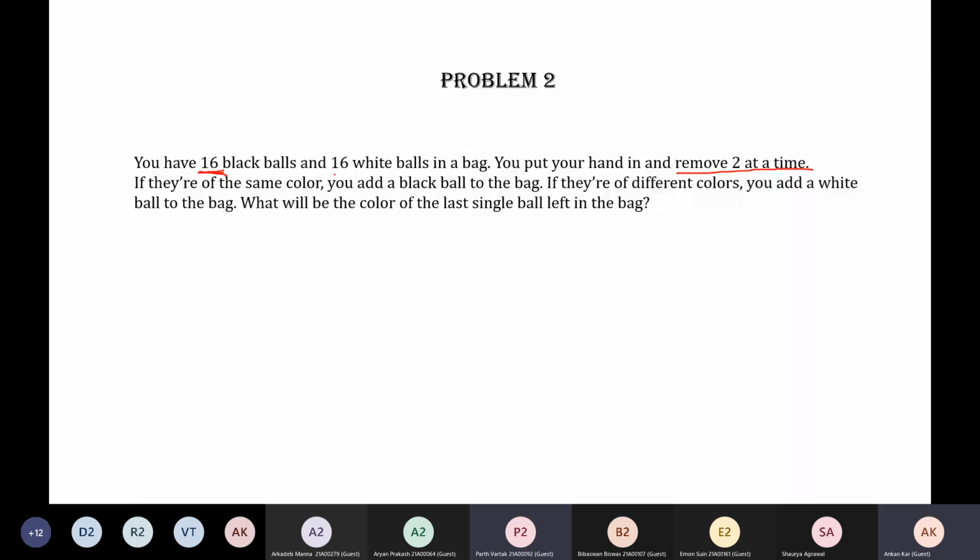If you change it to 17 white balls, then it will change. Any other questions regarding this or any other problem in mind? Well, then let's move to the next question.